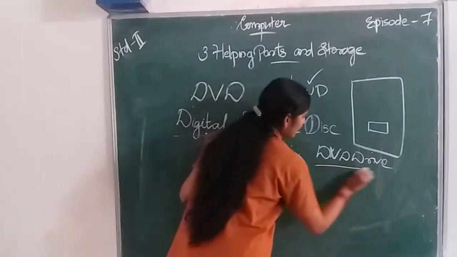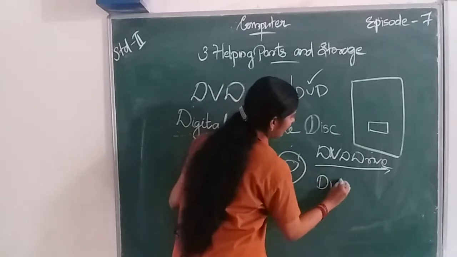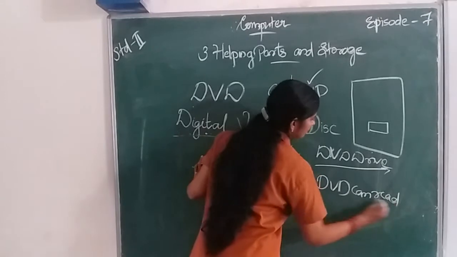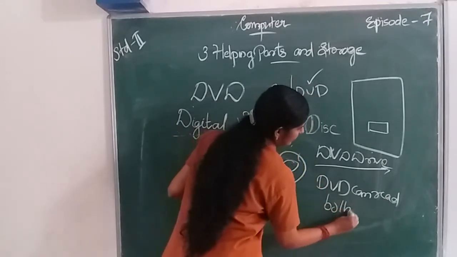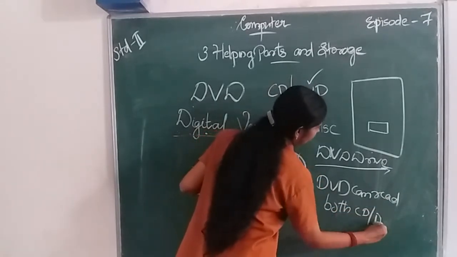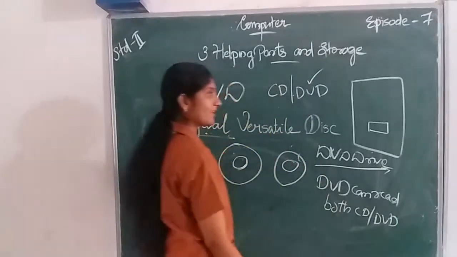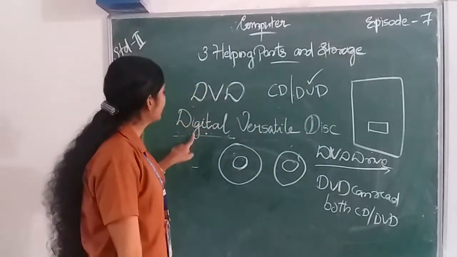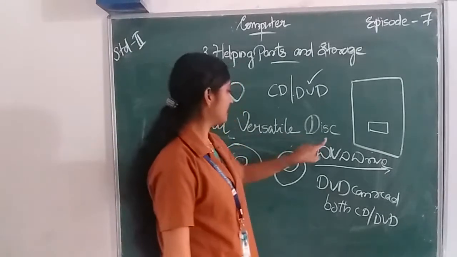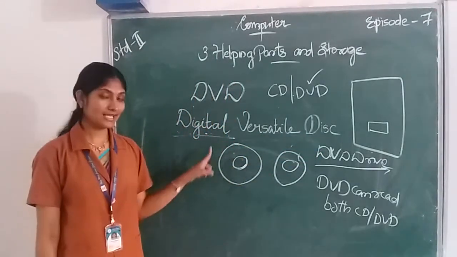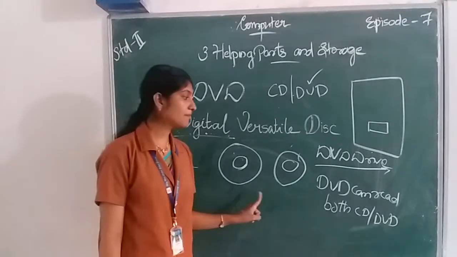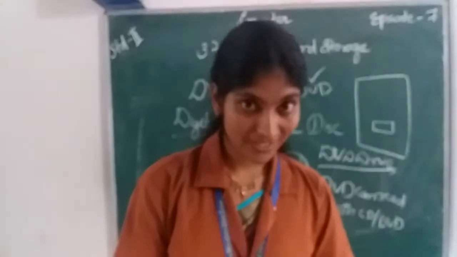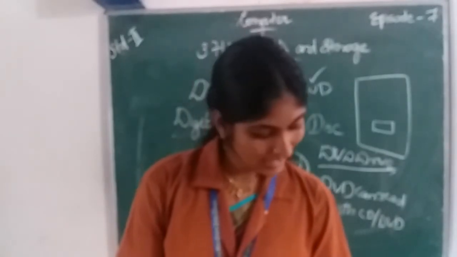And a DVD drive can read both CD and DVD, but a CD drive can only read CD data. So DVD, digital versatile disc, is circular in shape and its drive can read DVD or CD data.